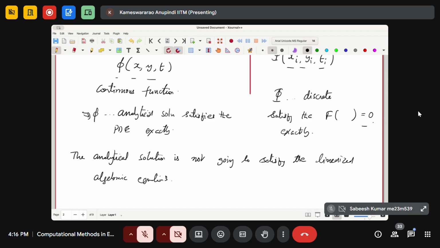We know that it is not going to satisfy this because it is obtained by solving the partial differential equations, whereas capital Phi was obtained by solving the set of algebraic equations.